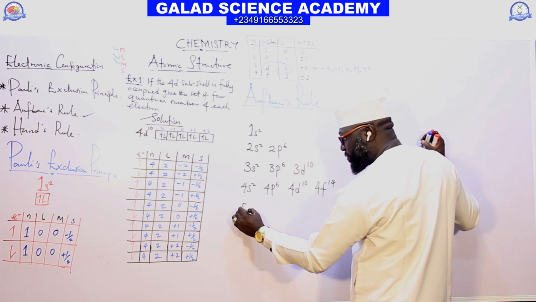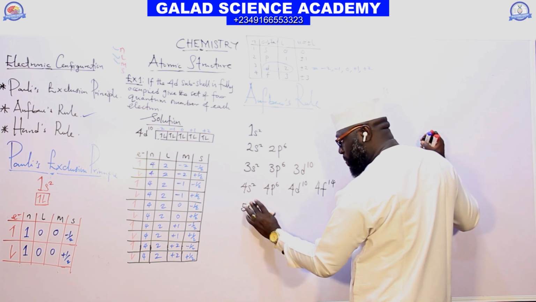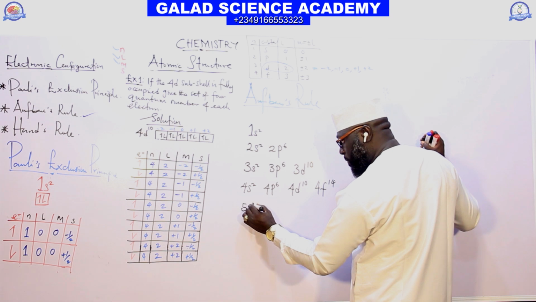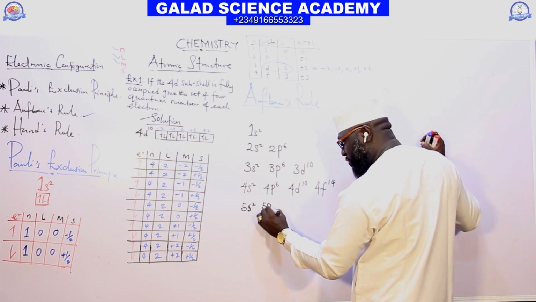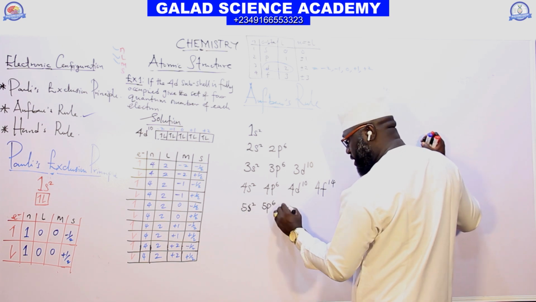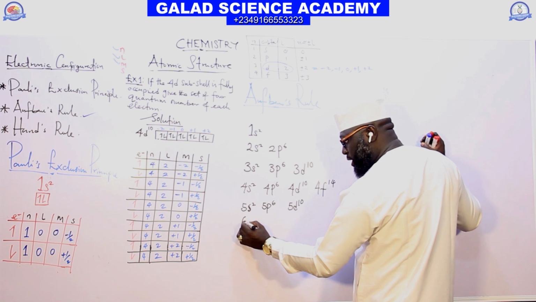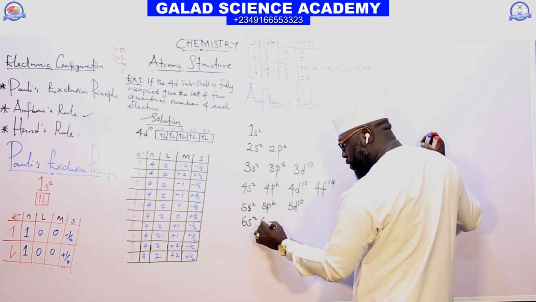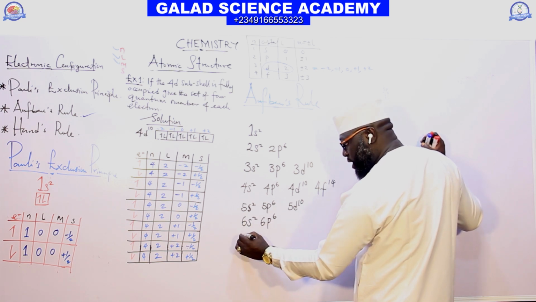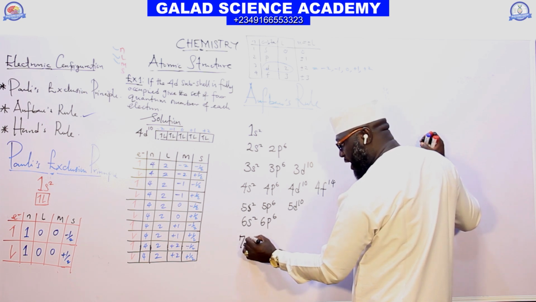We have 5s2, we have 5p6, we have 5d10, 6s2, we have 6p6, and we have 7s2.